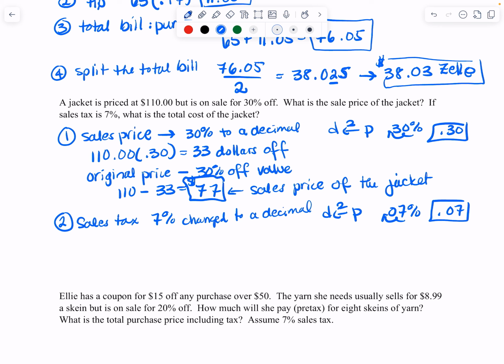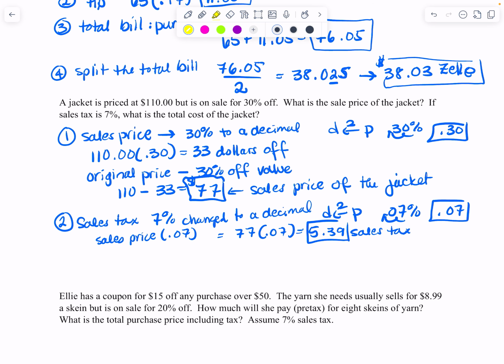So I take the sales price and multiply that by 0.07. So I'm going to take $77 times 0.07, and that came out to be $5.39. Now that's the sales tax. Okay, we just found the sales tax.